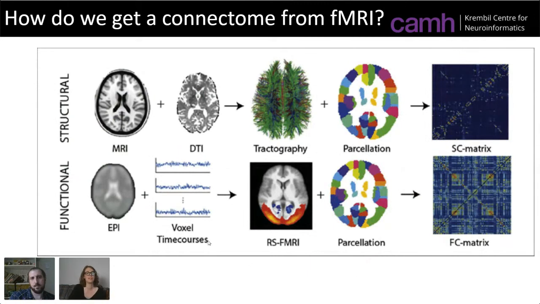So what we do in fMRI or in resting state fMRI is we take some functional MRI, so this movie of blood oxygen changes in the brain, and for every point in the brain, so every voxel, we get a time series, which is like squiggly lines across time.